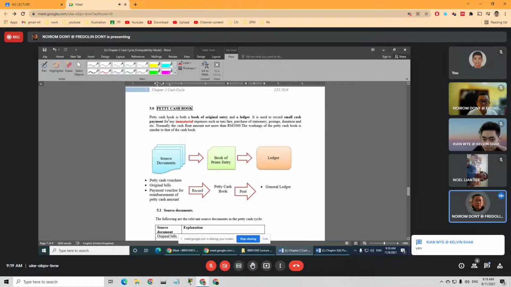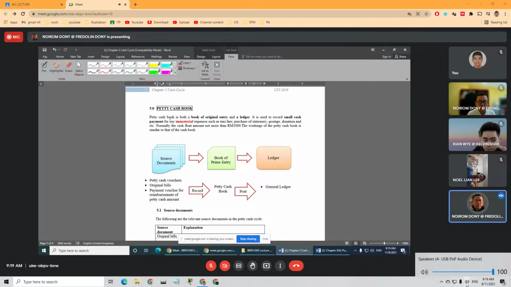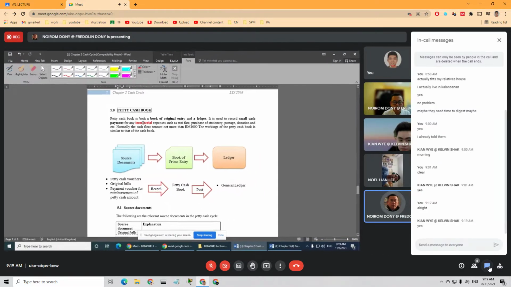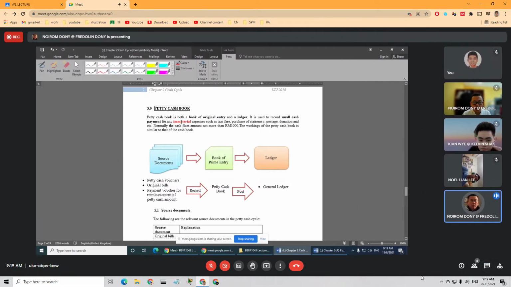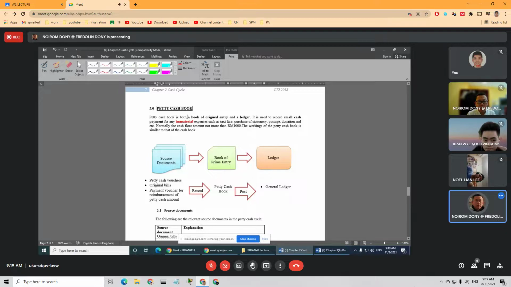All right. So, how do you distinguish between the petty cash book and the cash book? Normally the transaction will state whether the payment source is the petty cash book or the cash book, or you look at the amount. If it is a small amount, then it will use the petty cash book.